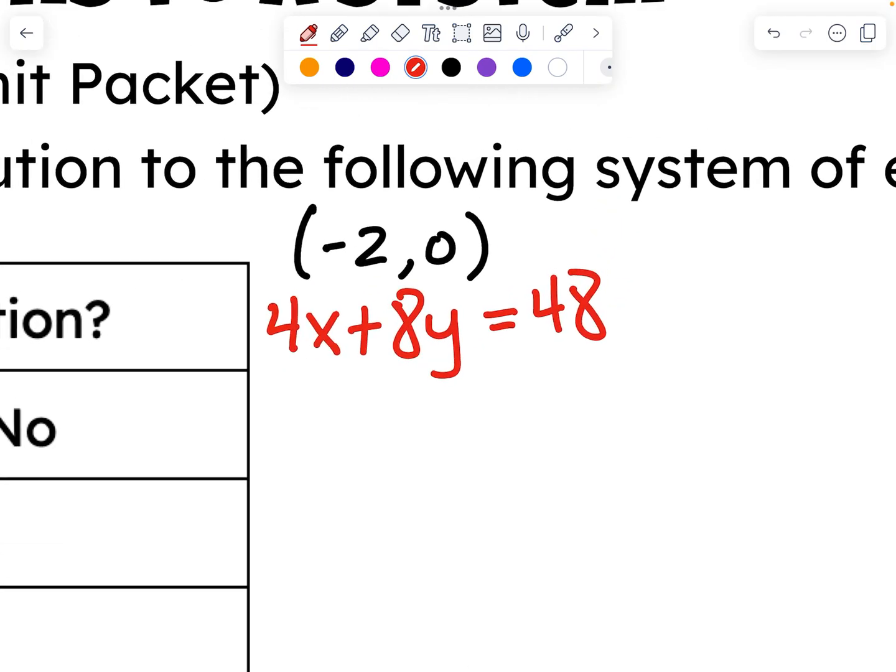Okay, first of all, with coordinate points, they always write the x coordinate first and then the y. So we'll go ahead here and plug in. For x, we'll plug in -2, and for y, we're going to plug in that y coordinate of 0.